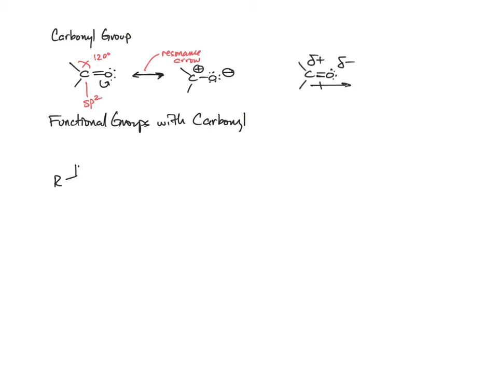So if we start off with this molecule, this is an aldehyde. This is a ketone. Again, R, R1, R2, those are just very general groups. We're going to assume that R is carbon, and this is an aldehyde. R1 and R2 can be the same or different. As long as they're both carbon, then this is a ketone.